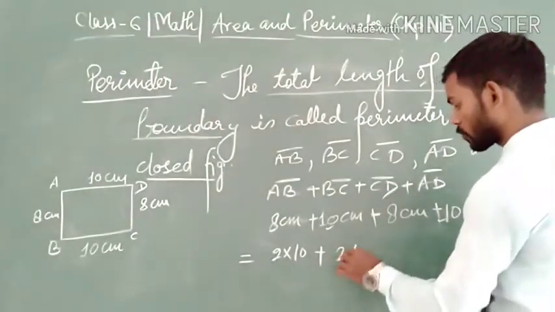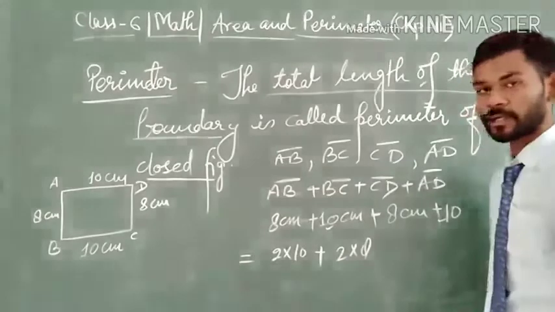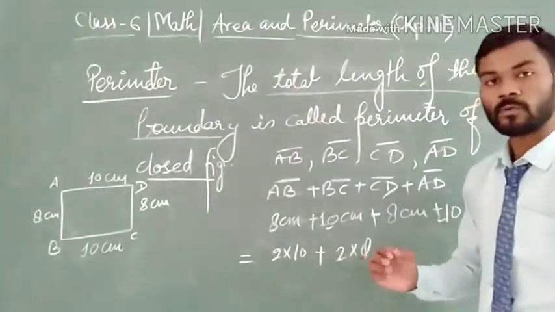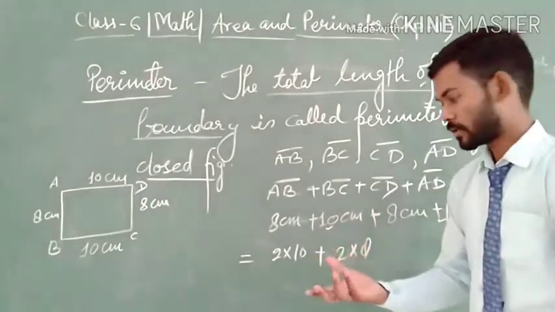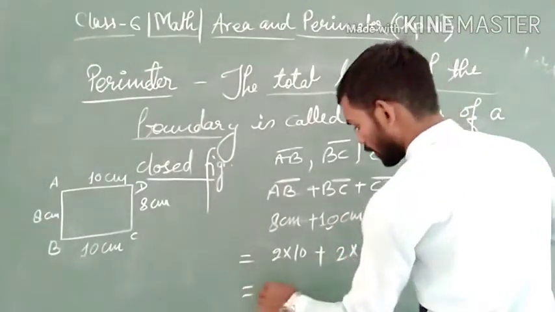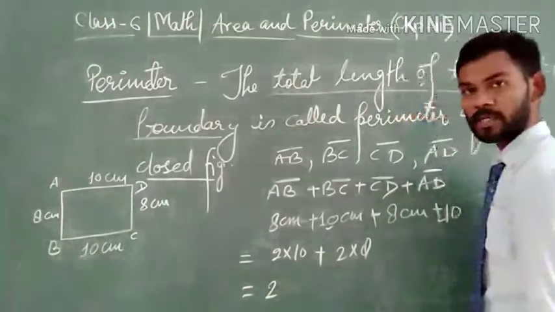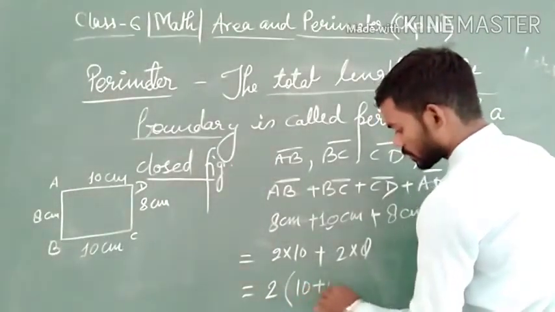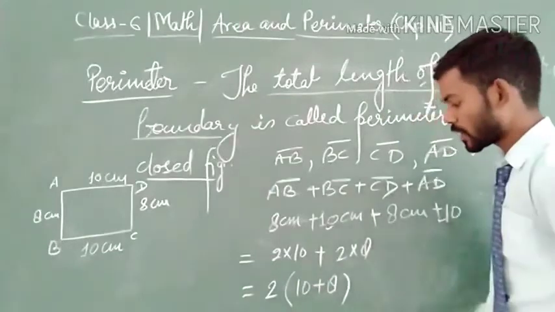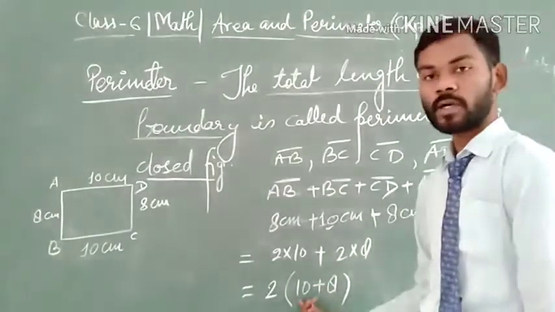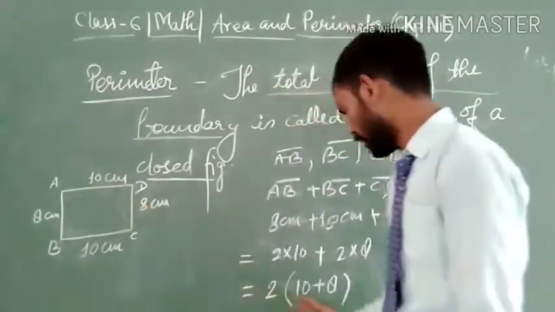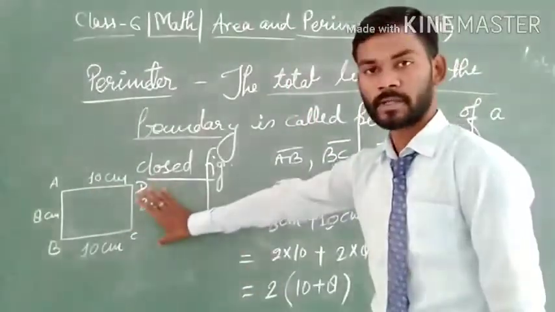That is why it can also be written as 2 multiplied by 8. And in both terms, 2 is the common factor. That's why it can be taken as common, and here we get 10 plus 8. What is the 10? 10 is the length and 8 is the breadth.